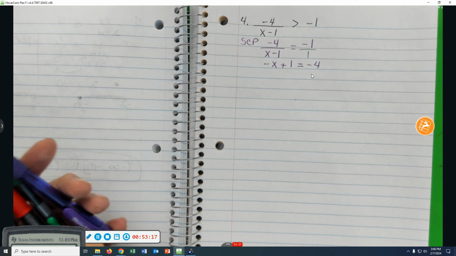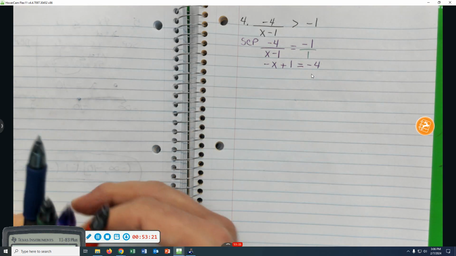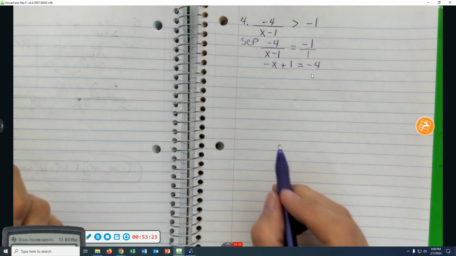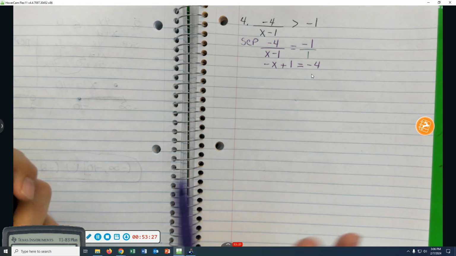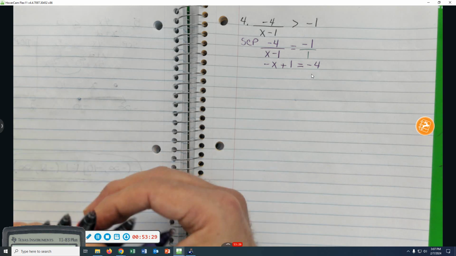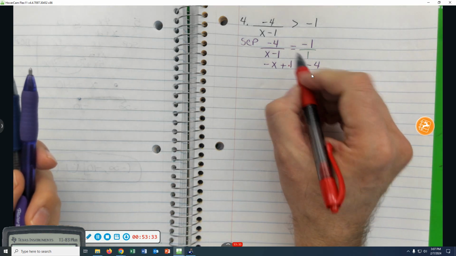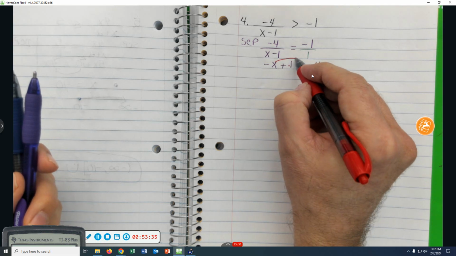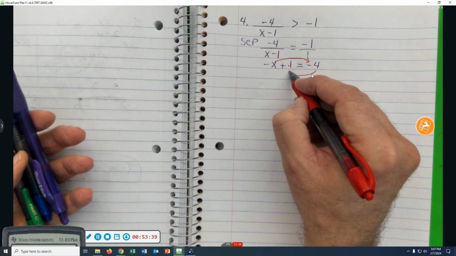So let's see. This is just a linear equation. How do we want to isolate the x? Well, if we want as few negatives as possible when we're working through this, here's what I would do. I wouldn't move the 1 over. I would move the x over and then add 4.